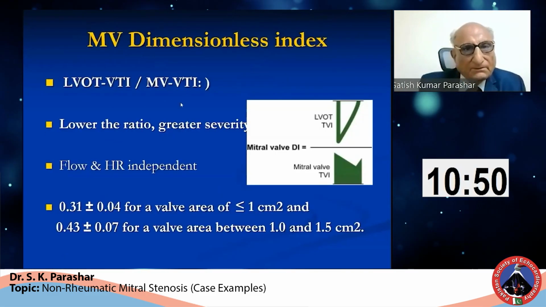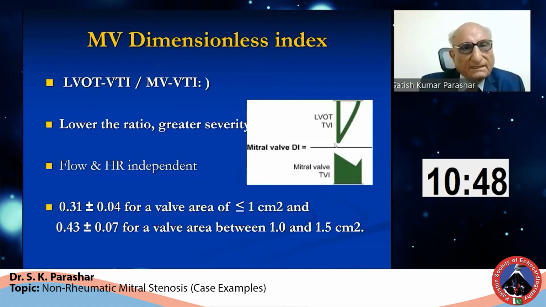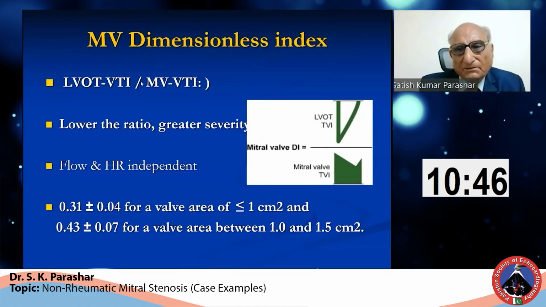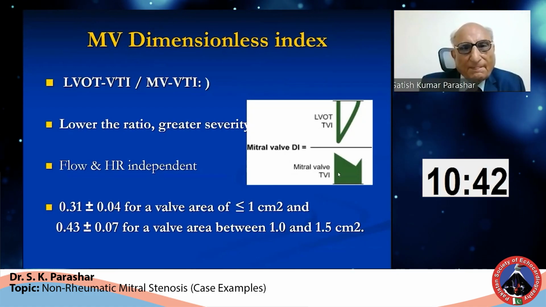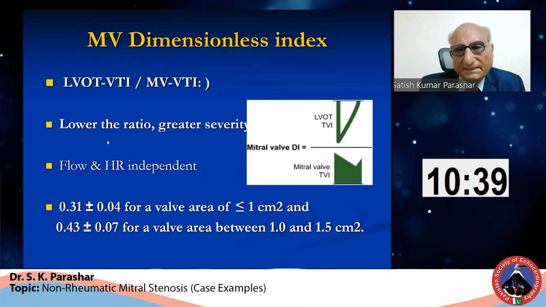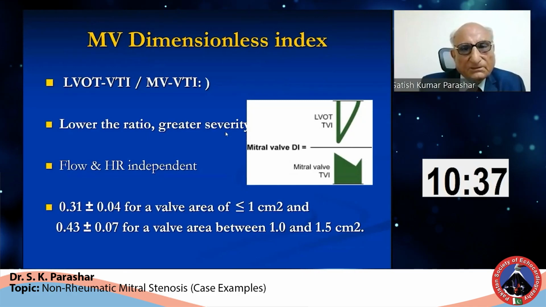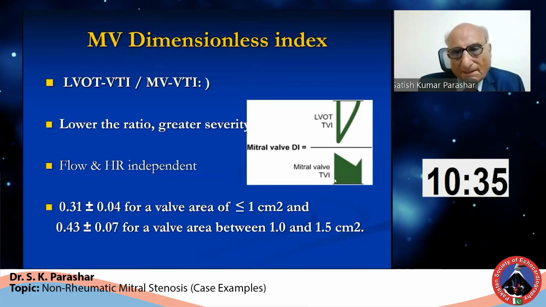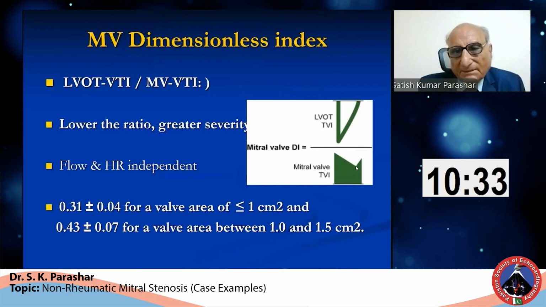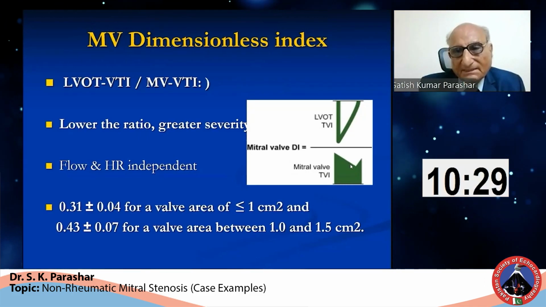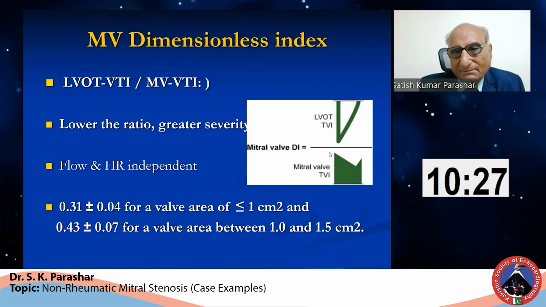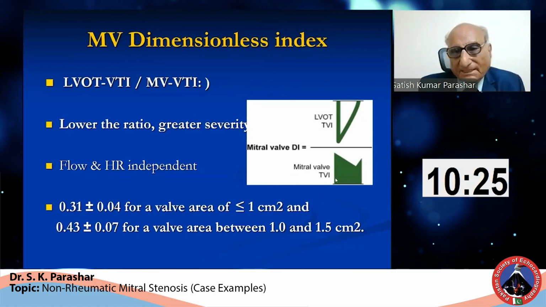Now, in this, what we do, very simple thing, we take the LVOT and calculate the VTI, velocity time integral, and then we take the mitral valve VTI. The lower the ratio, the greater the severity, because as the mitral stenosis increases in severity, its gradients increase, and this VTI also increases.